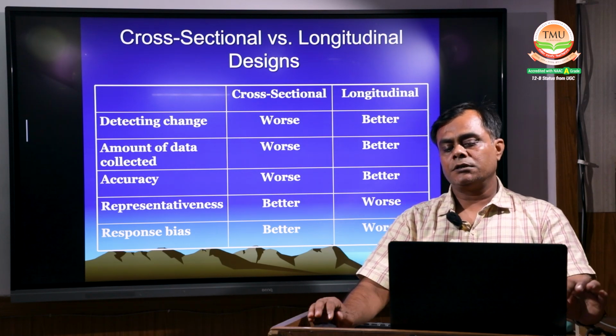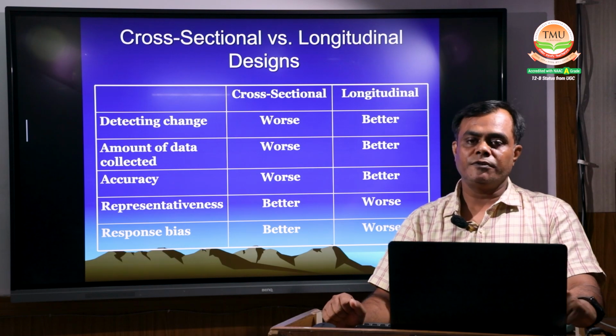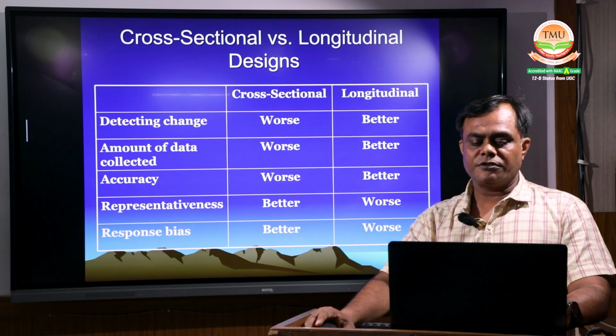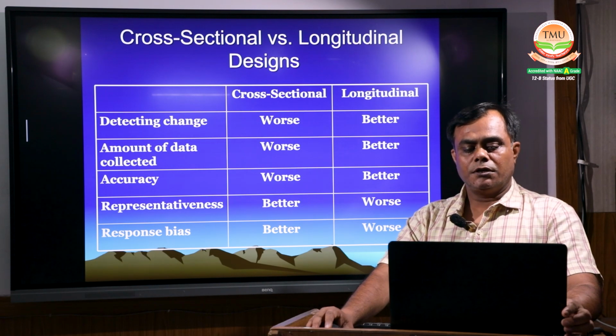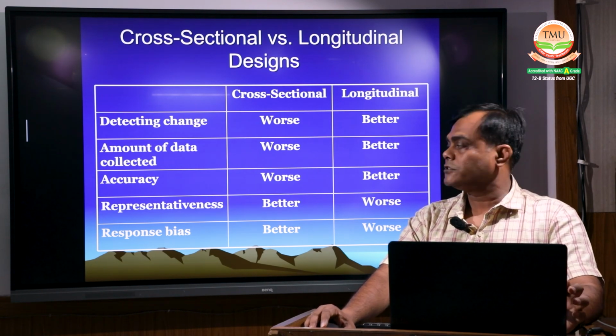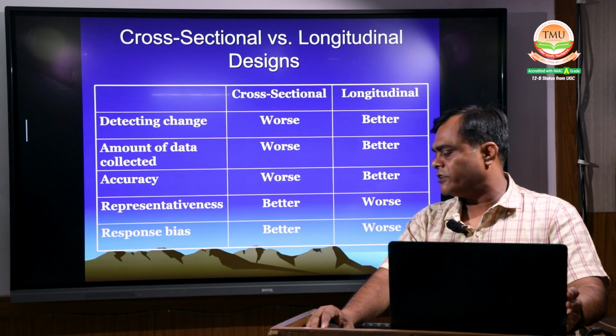So these are certain differences between cross-sectional and longitudinal on those parameters, and the parameters are detecting changes, amount of data collected, accuracy, representativeness and response bias.